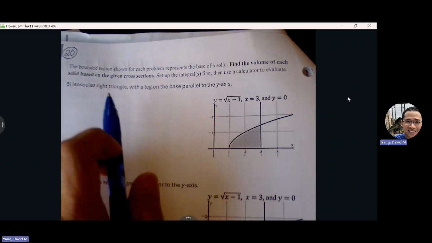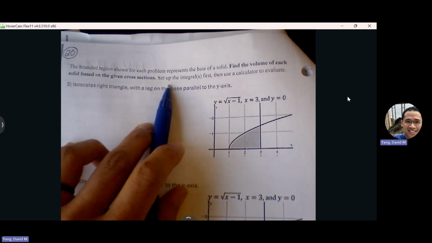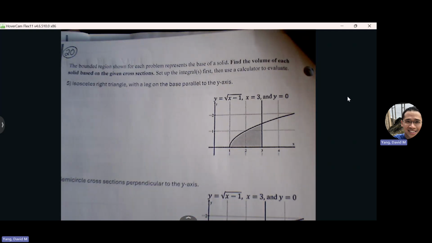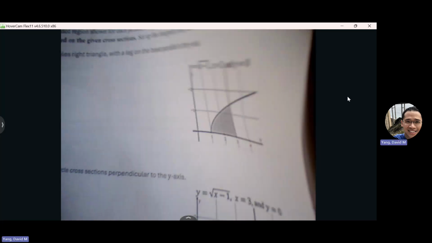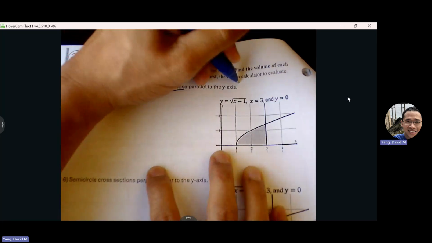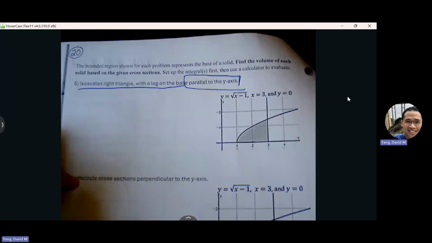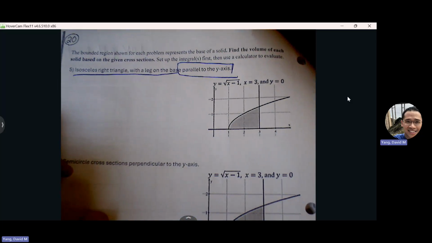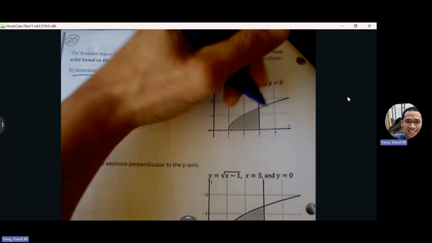So let's find the volume of each solid based on the given cross sections. Set up the integral first, and then use the calculator to evaluate. Okay, so we have an isosceles right triangle with leg on the base. You're always going to be provided the exact direction to draw your base length. In this case, parallel to the y-axis, which is vertical.